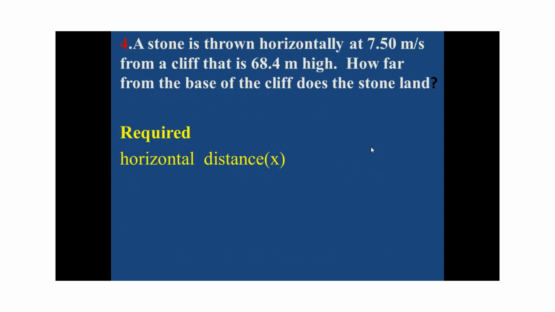A stone is thrown horizontally at 7.5 meters per second from a cliff that is 68.4 meters high. How far from the base of the cliff does the stone land?